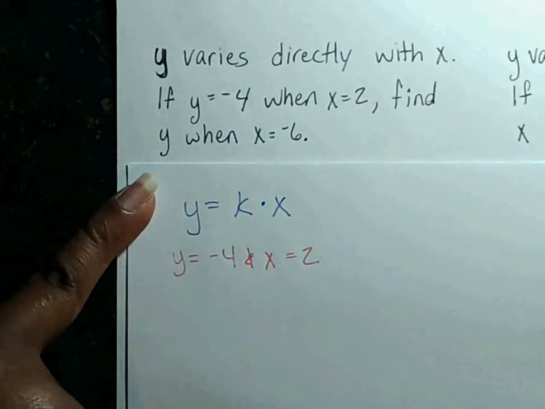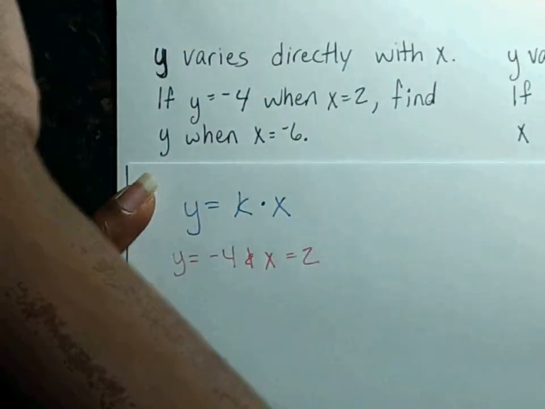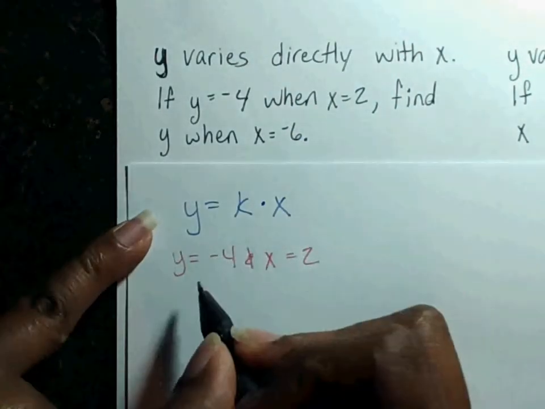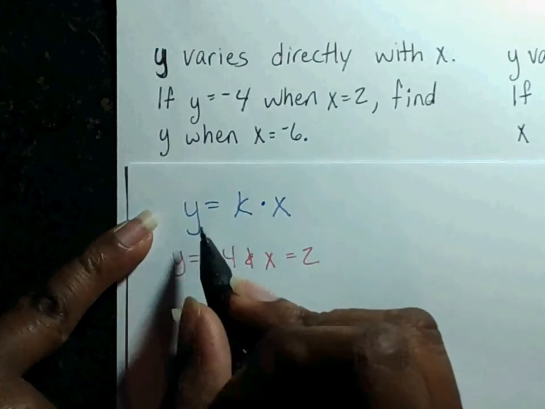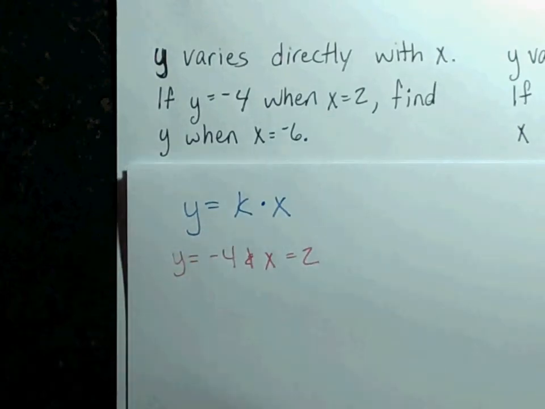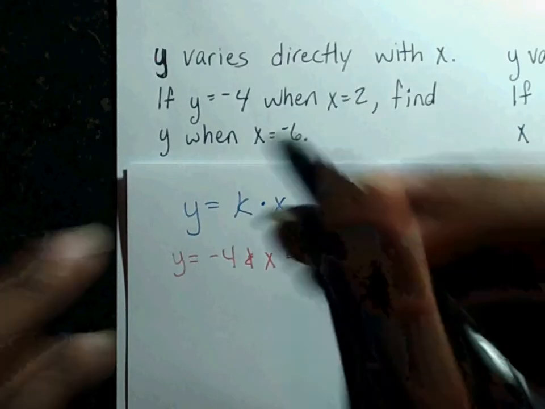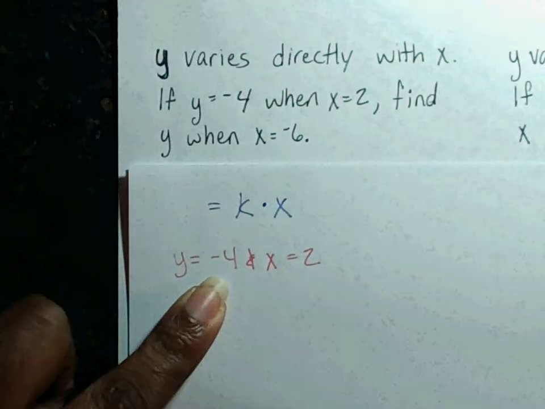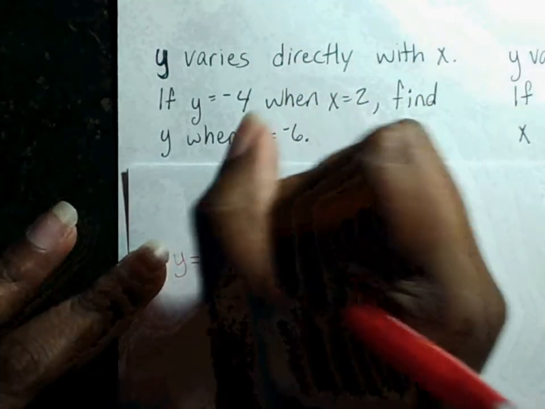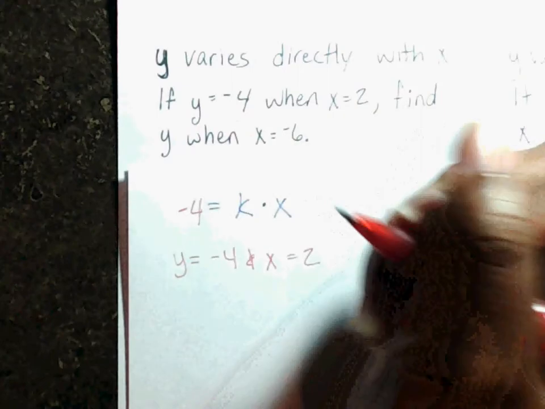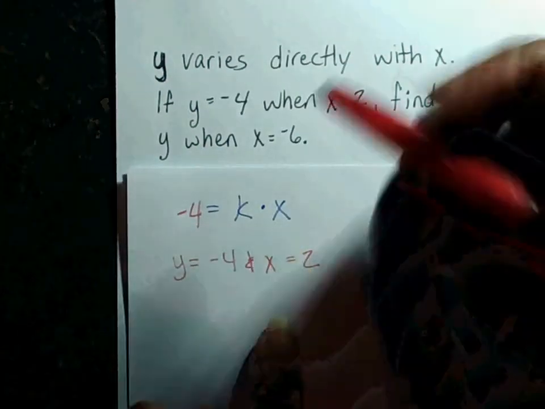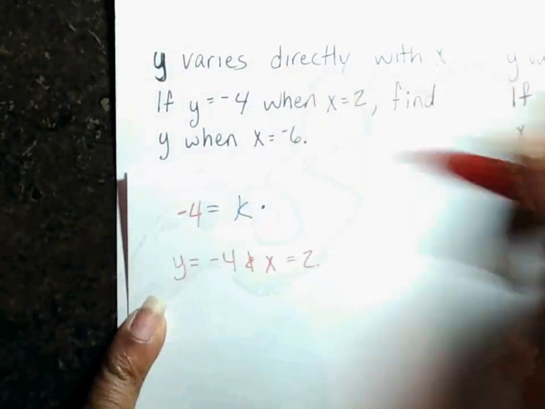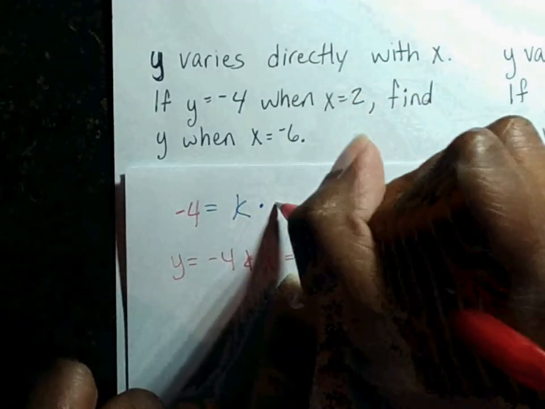So right here, instead of y, I'm going to write -4. And then instead of x, I'm going to write 2.